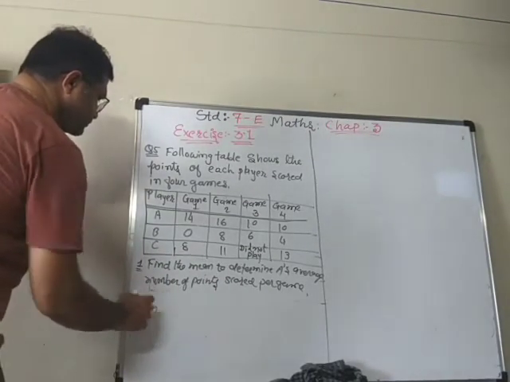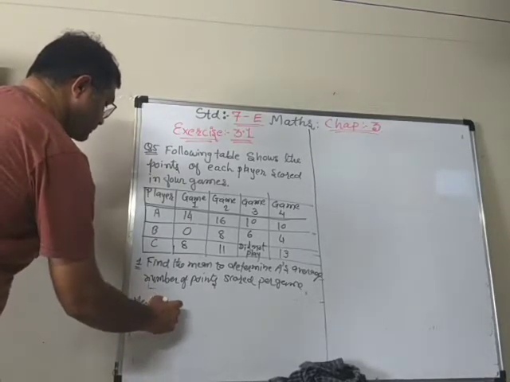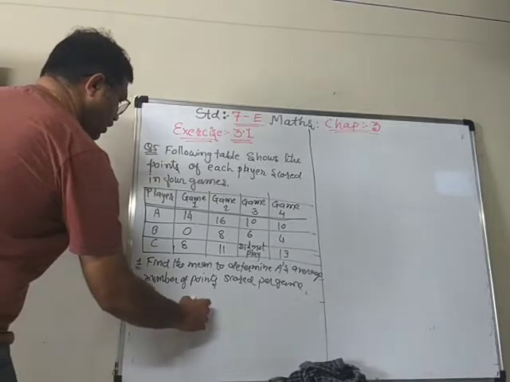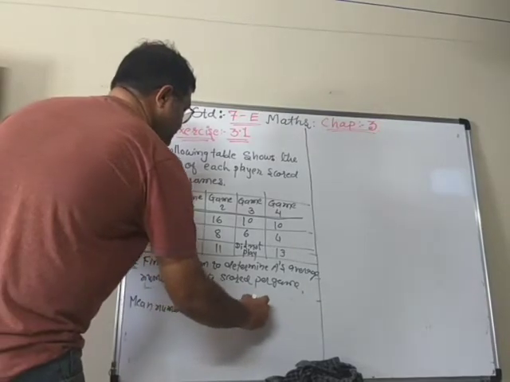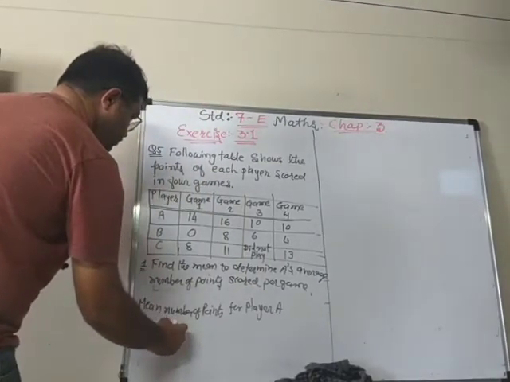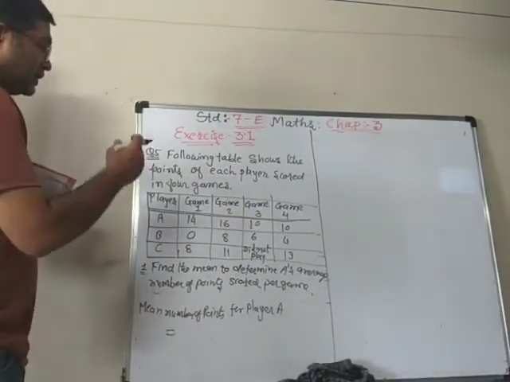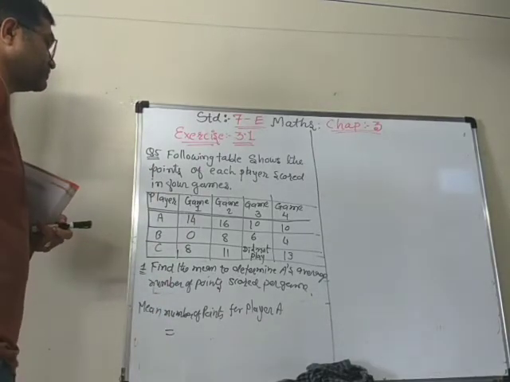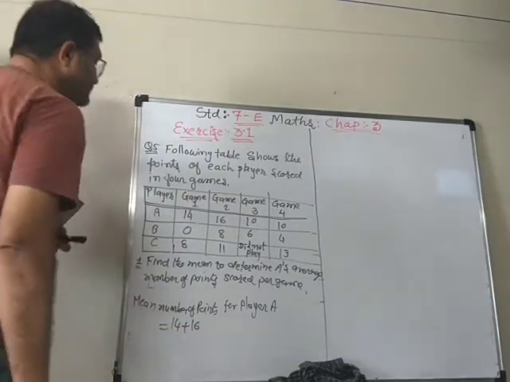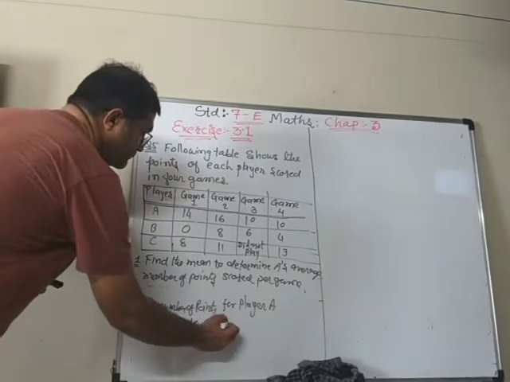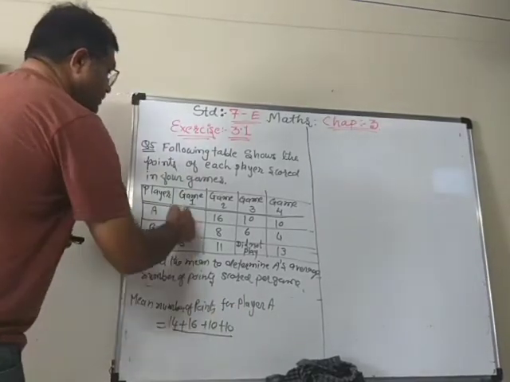So the mean number of points for player A is equal to, now we have to add all the scores of player A and then divide by the number of games. So his scores are 14 plus 16 plus 10 plus 10, and divide by how many games they played? 4.